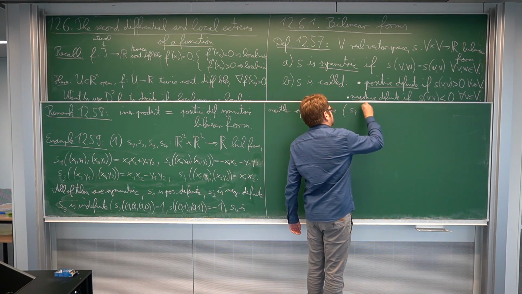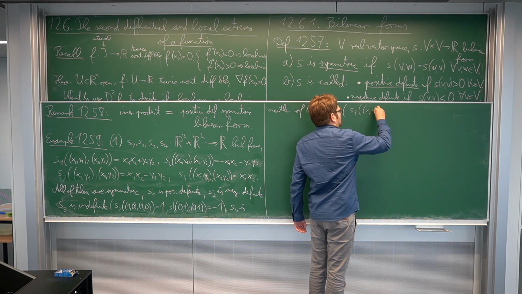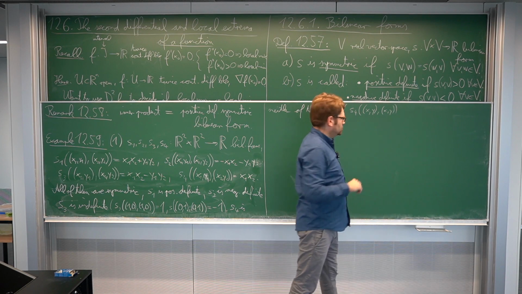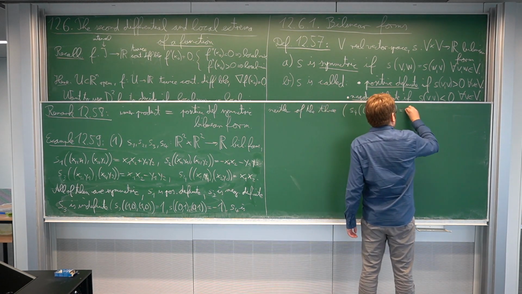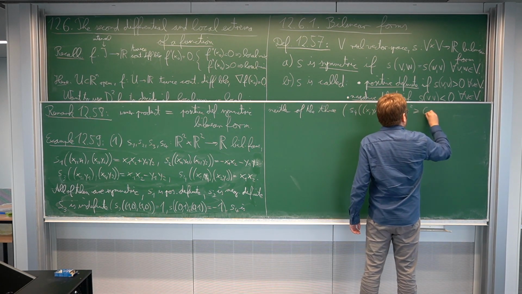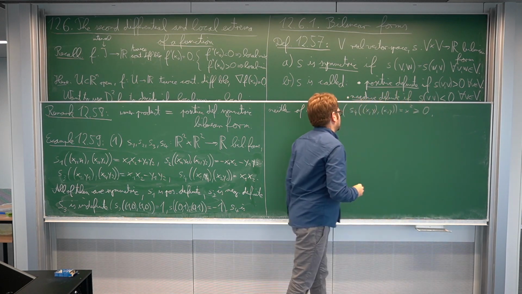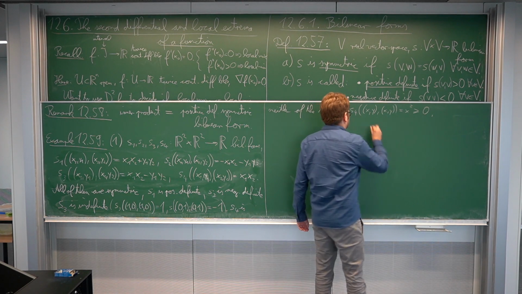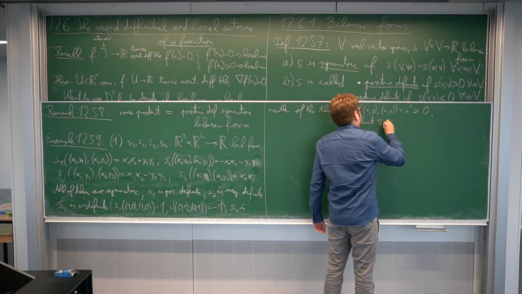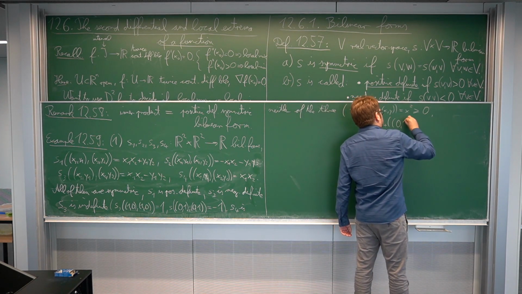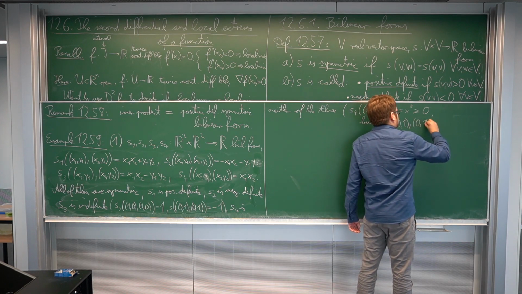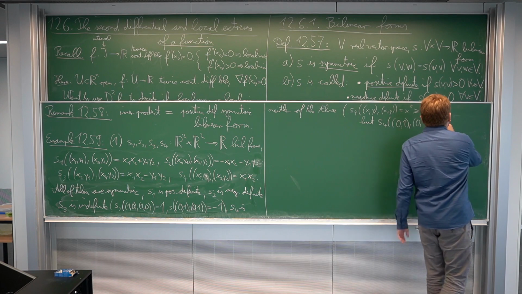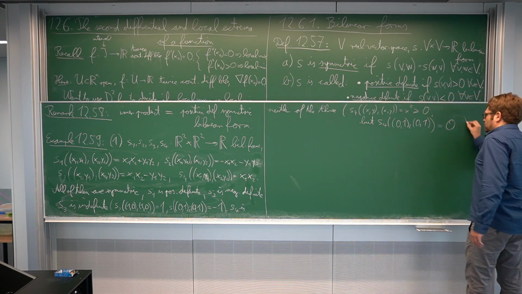Why is that? If we insert the same vector, let's call it (x, y), in both inputs, this would be just x squared, which is bigger than or equal to 0. But it's not positive definite, because if we take, for example, (0, 1) and insert it twice, S4 just maps to the product of the x values, which is 0.